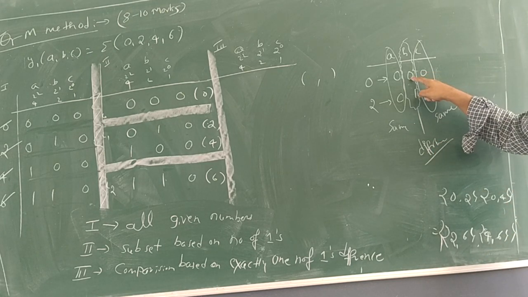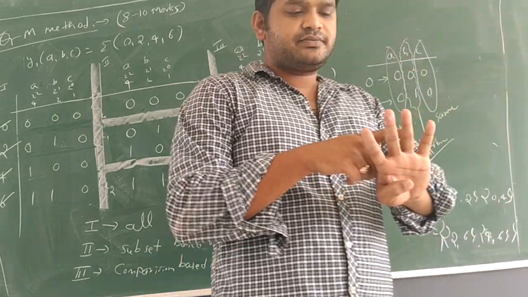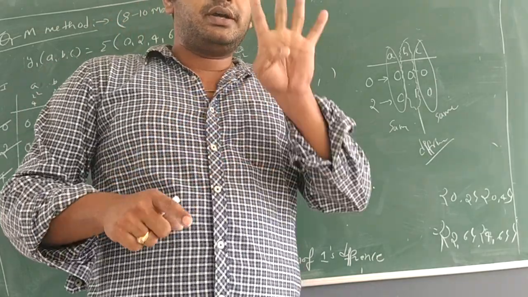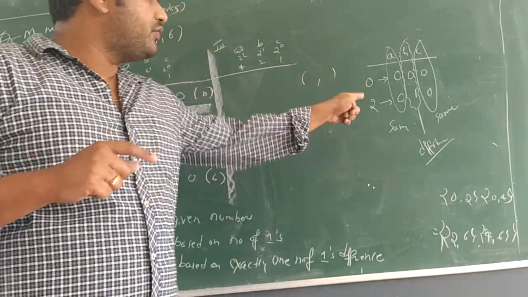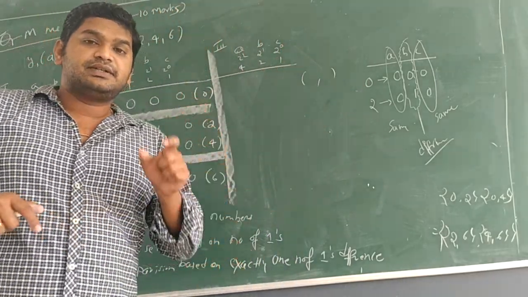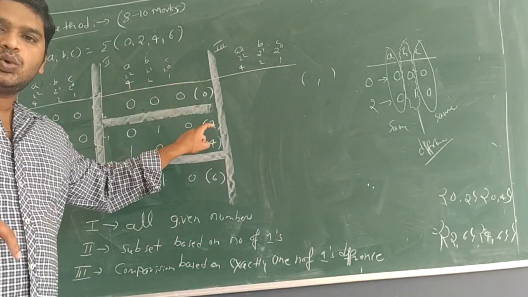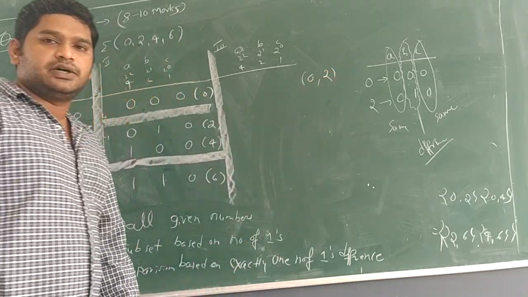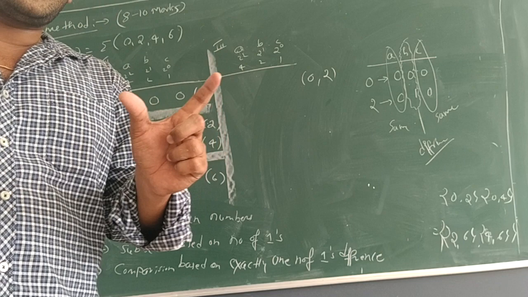See, on one side it is 0, on the other side it is 1. So out of any number of bits, if it is 3, 2 should be same, 1 should be different. If it is 4, 3 should be same, 1 bit should be different. Now we have got 1 different. For such two numbers, write 0, 2 here, because 0 and 2 have a difference of 1 bit.